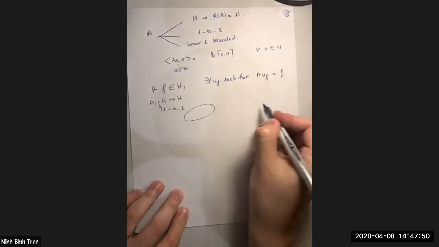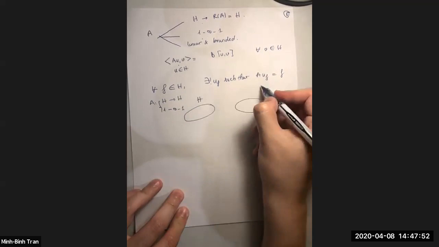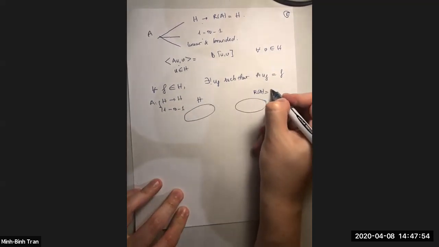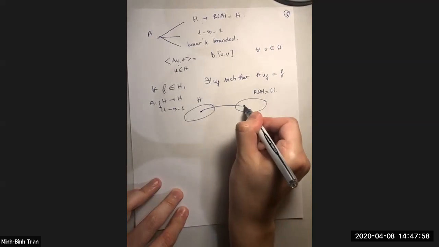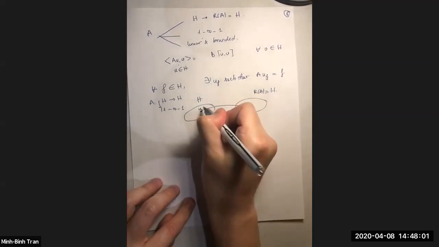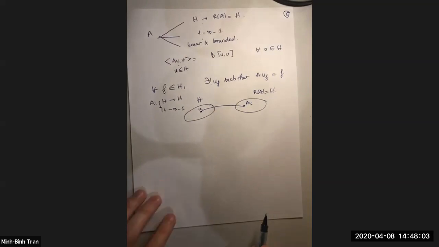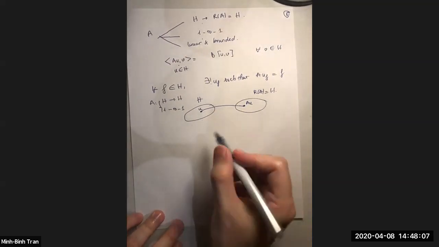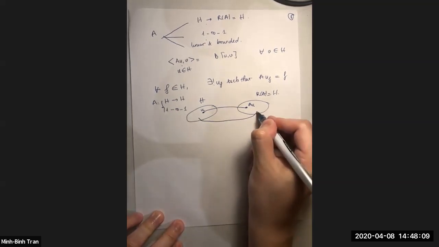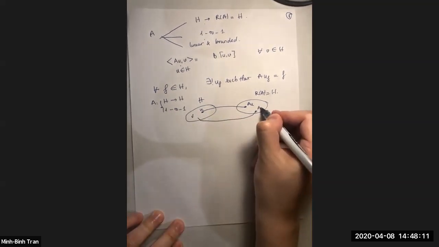So this is A, this is H, and this is the range of A. This is 1 to 1, meaning that for all of the u, you're going to have this is u and this is AU, right? So if there is another v, then AU has to be different from AV.